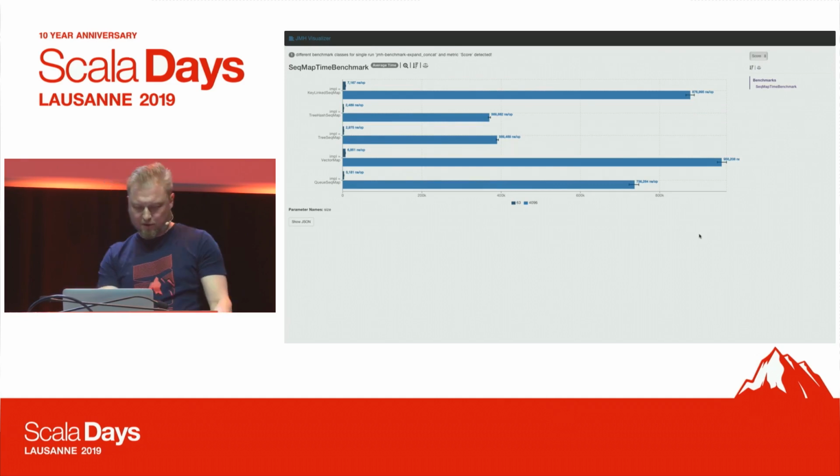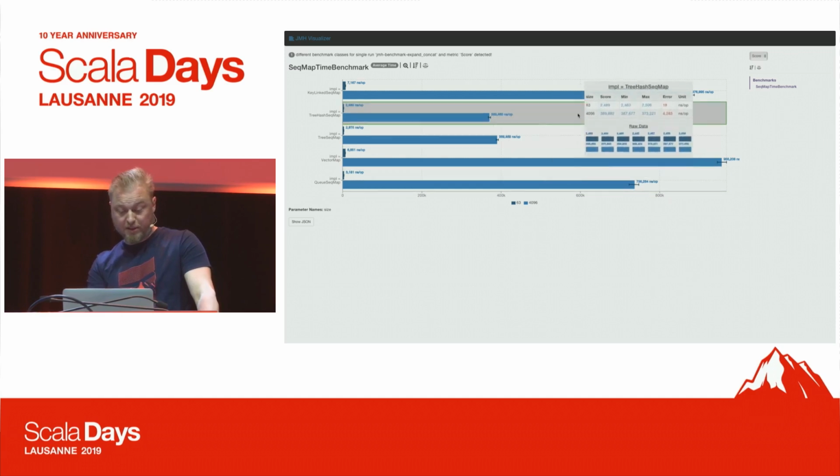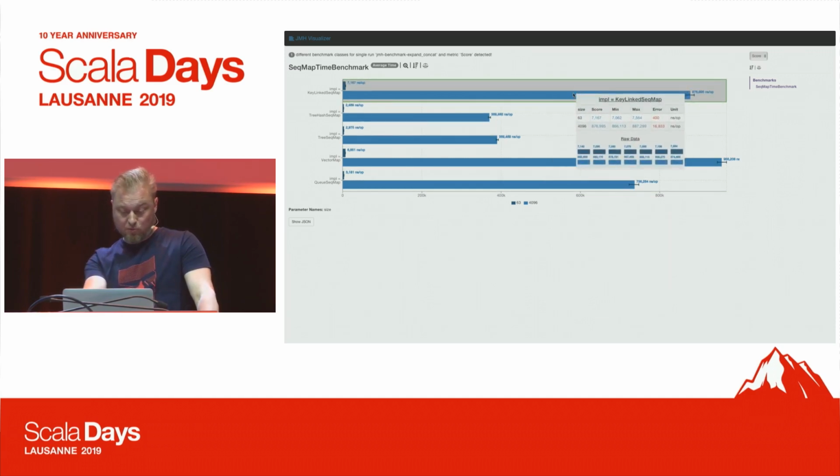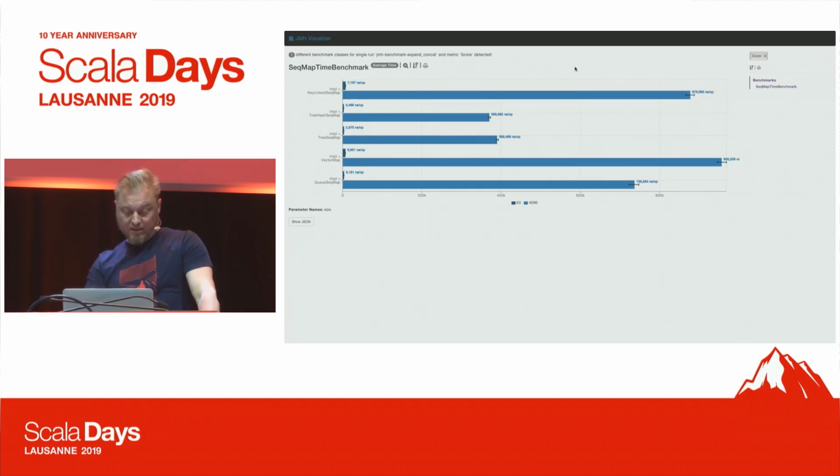So this is an example of the concat. It's only for two sizes, so there's not many. There's only two, 163 elements and one for 4096 elements. But here you can see that the vector map isn't especially good at concatenating here. The value there is almost 1 million, while the fastest one is the tree hash seek map.